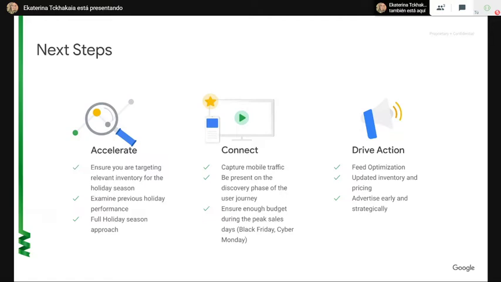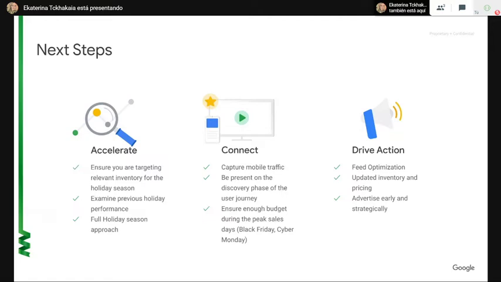In order to just sum up and give you a little bit of a condensed overview of the things that we talked about, based on the insights that we also highlighted in the beginning, if we look at these 3 pillars, some things that you can do to accelerate are to ensure that you're targeting relevant inventory throughout the relevant dates. Look at the historic performance from your previous experience and practice the full holiday season approach. Also, connect.